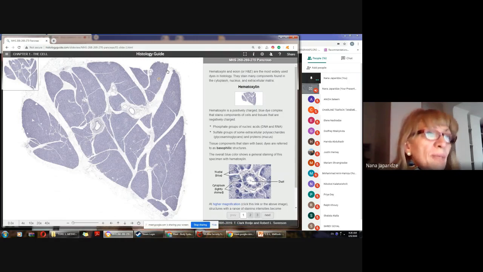So the stromal part contains mostly connective tissue, which is very well vascularized, and you see this white, not stained part is stromal part, and it contains the blood vessels.